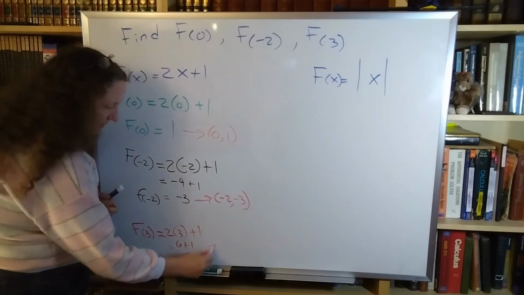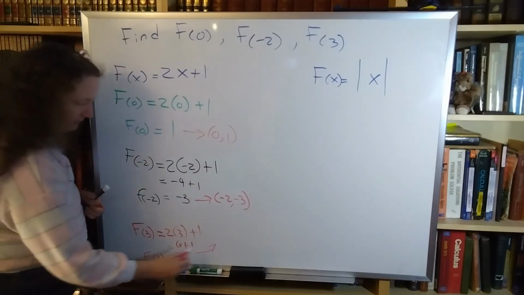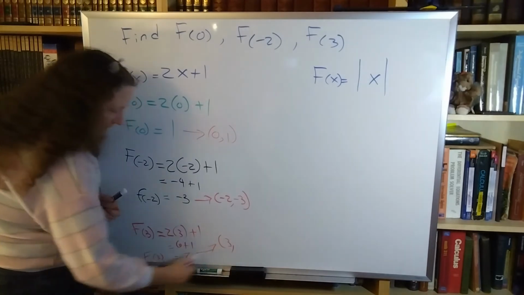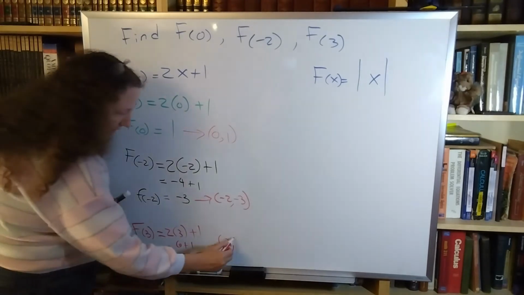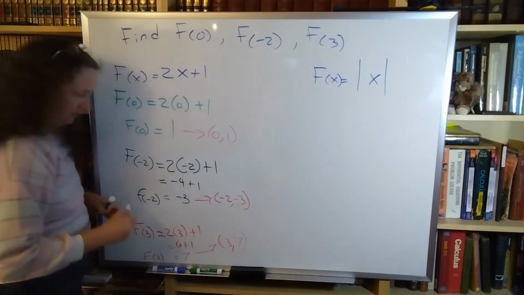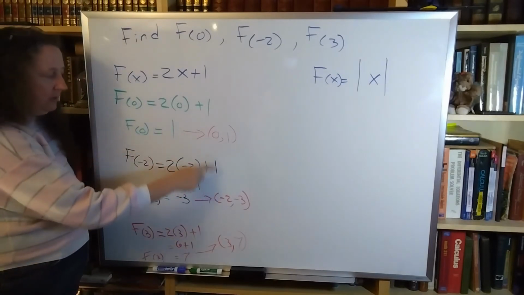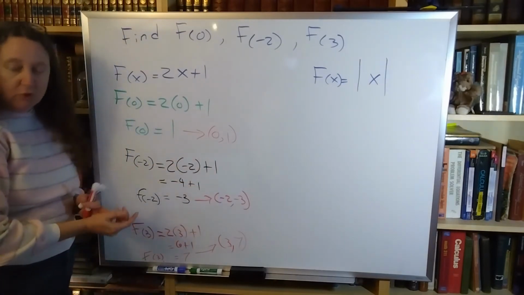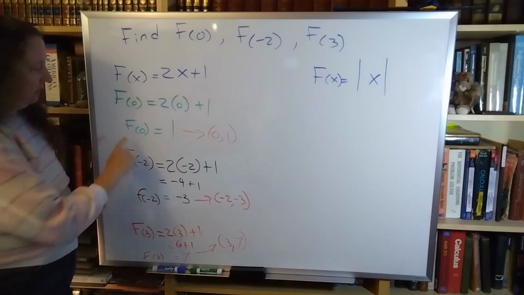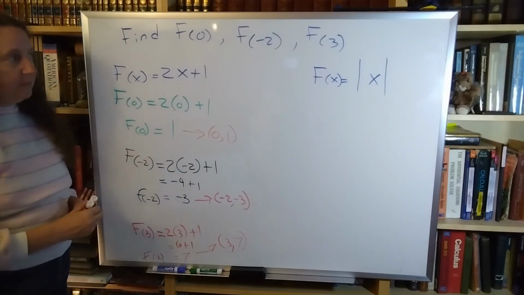And this one down here, I put in the number 3 for x, and I got the number 7 out for y. So that would be ordered pair notation. This is function notation.